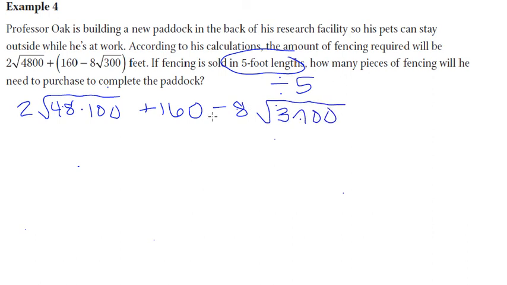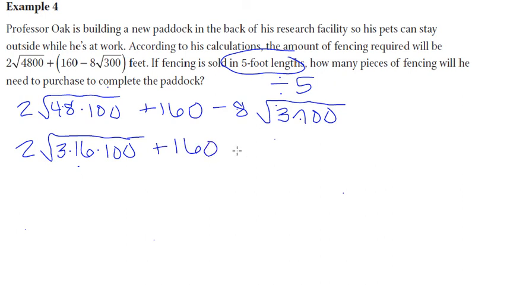So I'm going to go back to my first root. This square root of 48 is actually 2 times the square root of 3 times 16 times 100. So that's going to simplify pretty nicely. Plus 160, and then this is still minus 8 times the square root of 3 times 100.